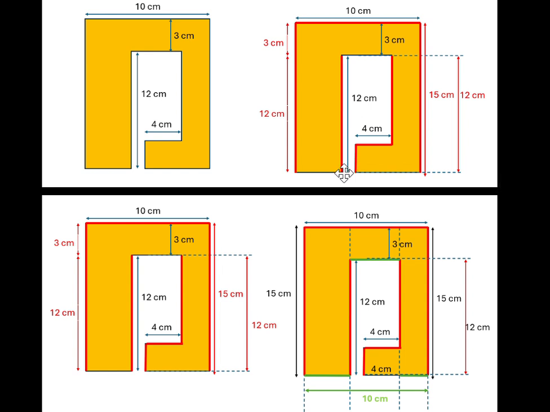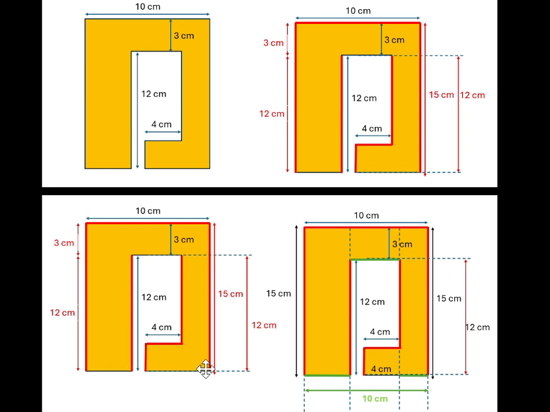Using what we learned earlier, we know that this length here plus this short little length here is also equal to 12. And of course, we know this is 4 centimeter and this is 10 centimeter. So we can find out quite a bit of the lines. What we are missing is this black line here, here, and the one on top. Okay, so now let's look at diagram number 3.